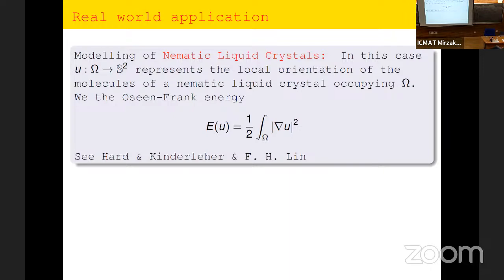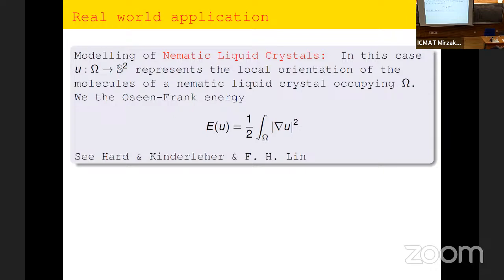Well, okay, you fix a point X, you zoom in at the point X, and you compute the mean orientation of the molecules of your crystal around the point X. What you end up with is a vector, which I call U, which describes the mean orientation. Say this vector is a function, a map from your domain to S2.